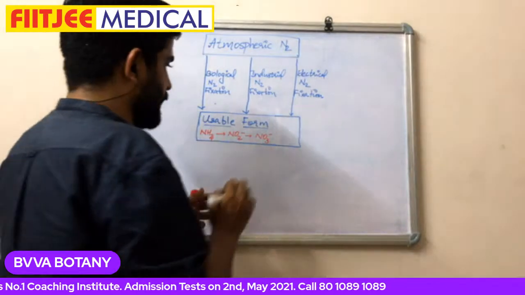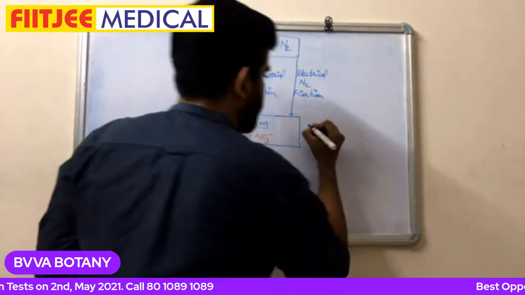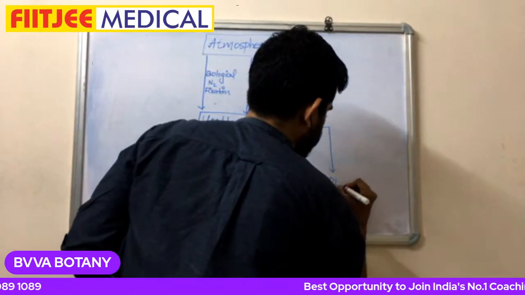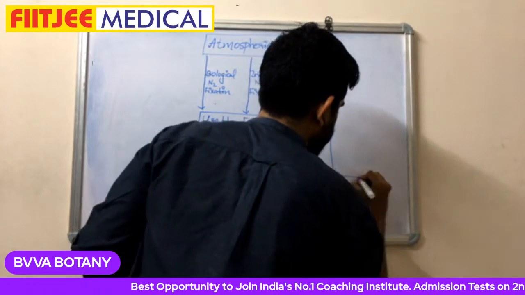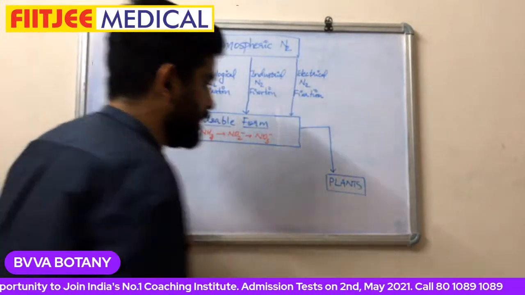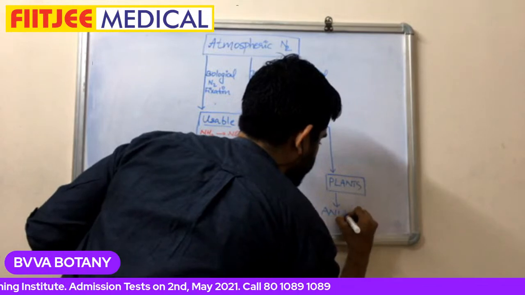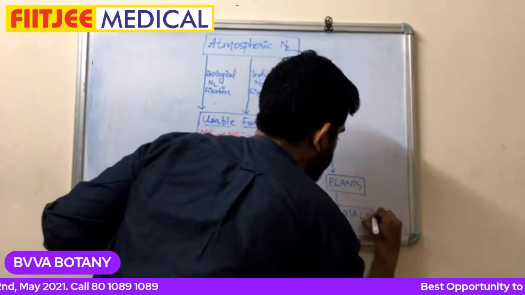Now, as I said, the usable form, mainly the nitrate, will be absorbed by plants. It will be absorbed by whom? By the plants. And these plants are eaten by animals. So in that way, now the nitrogen is inside whom?